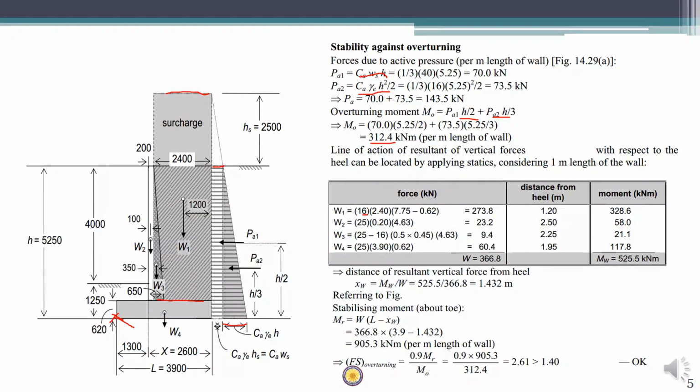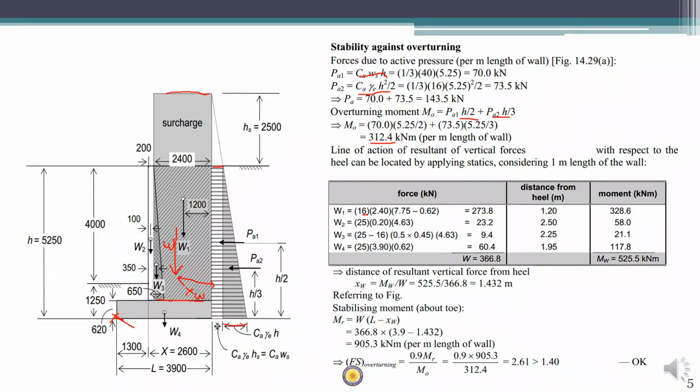Another thing we are going to do is find out the moment, in order to locate the total weight W, which is essentially the distance xw from the heel.